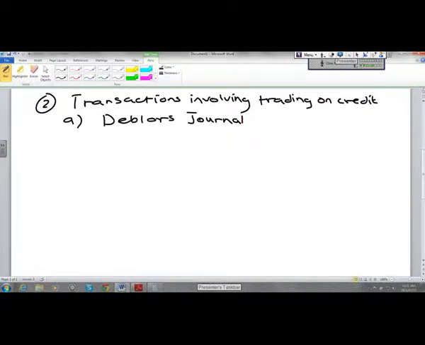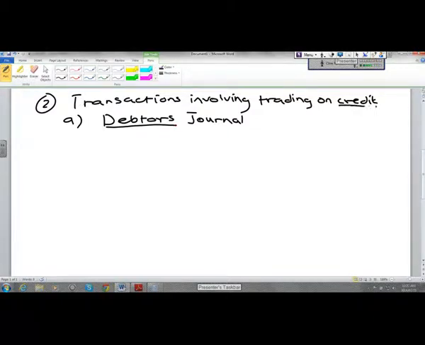The debtor is the customer we're selling to on credit. When that person owes us money because we have sold to them on credit, we refer to them as debtors because they have debt in our business. So that's why we call them debtors, because we will have traded with them on credit.